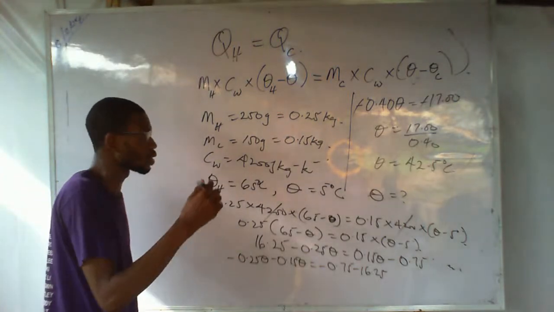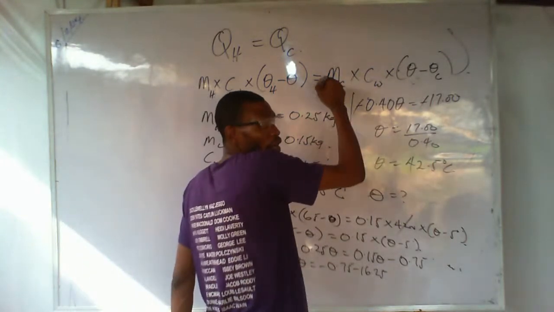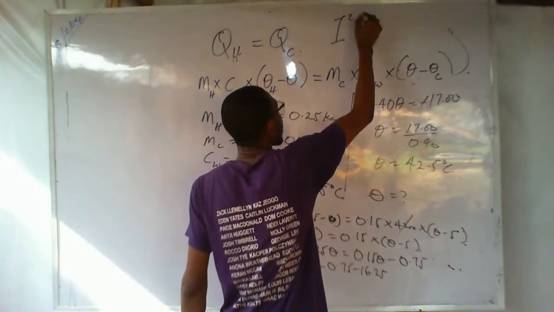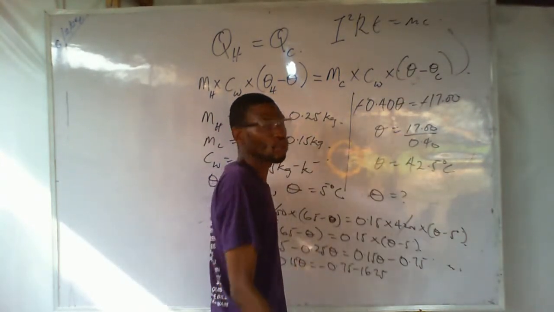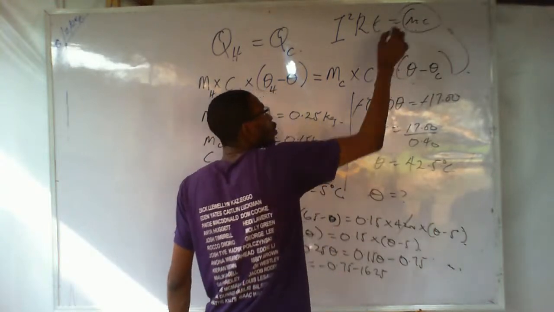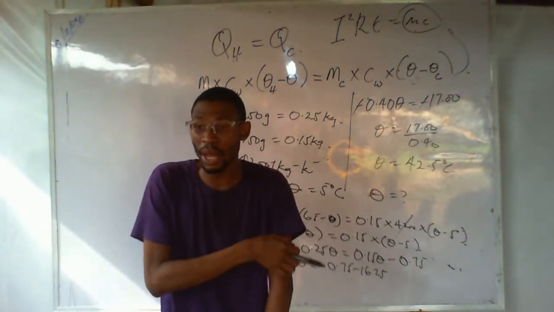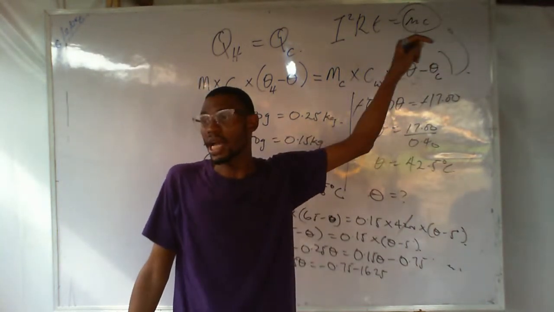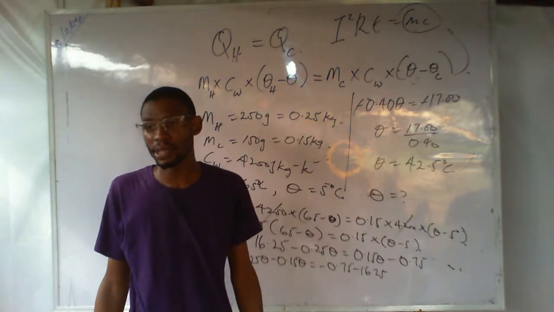See what they are talking about here. They are talking about I squared R t equals m c. So in this case, they are asking us to look for its capacity, which is capital letter C. Capital letter C represents heat capacity, small letter c is specific heat capacity.